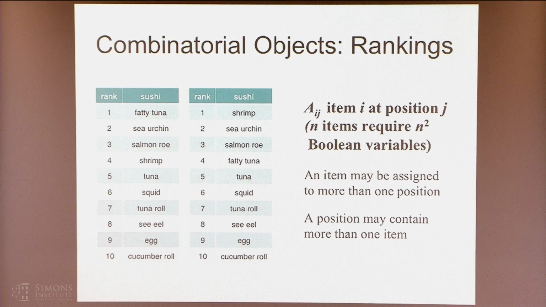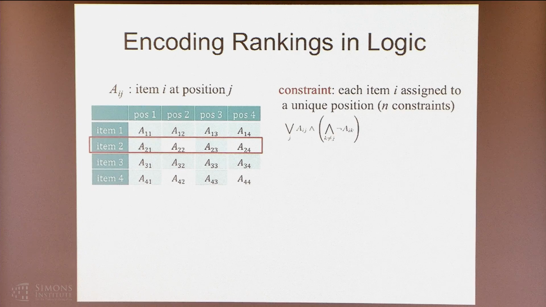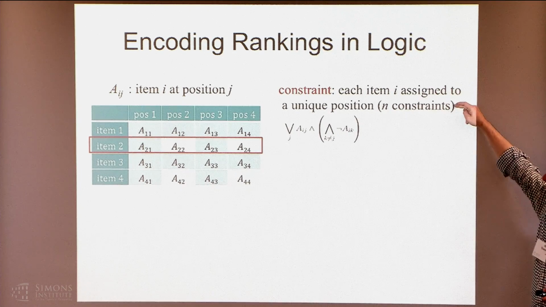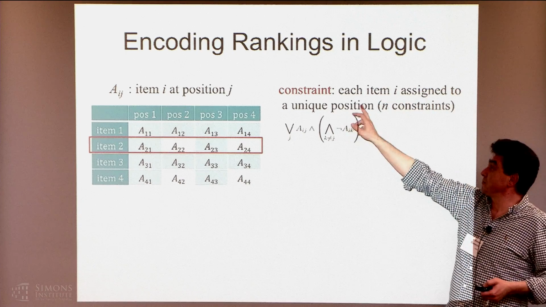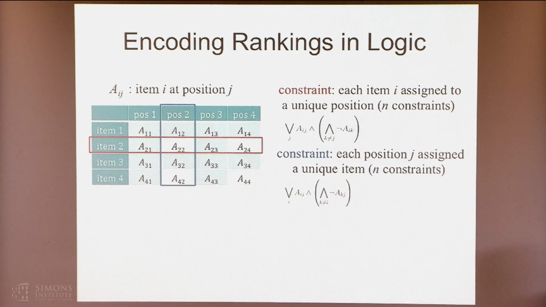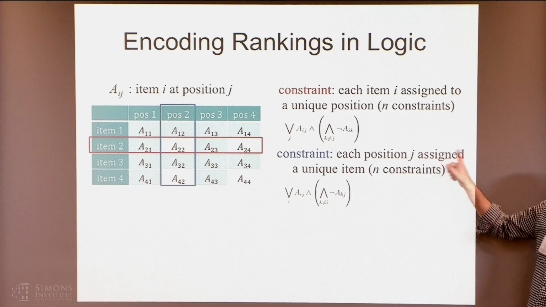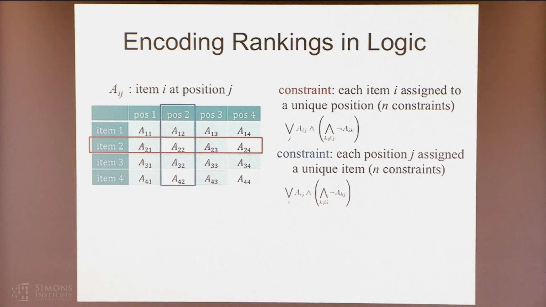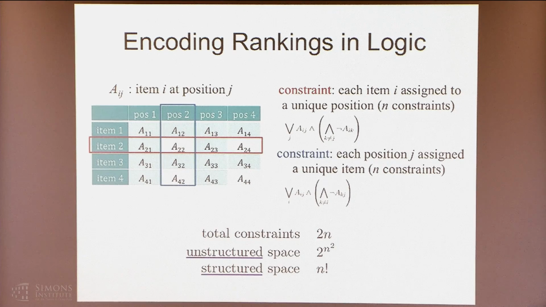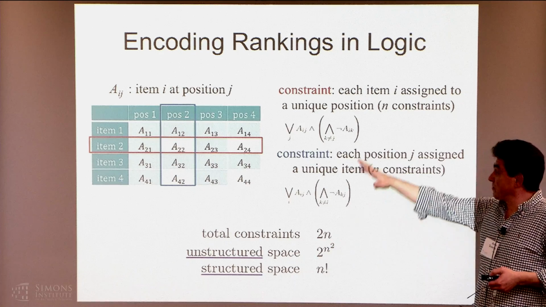How do you get the structured space? As simple as this. You write n constraints, Boolean constraints, that say each item is assigned to a unique position. You write another n constraints that say each position is assigned a unique item. Now, if you look at these constraints, among the 2 to the n square, a bunch of them are filtered by these.